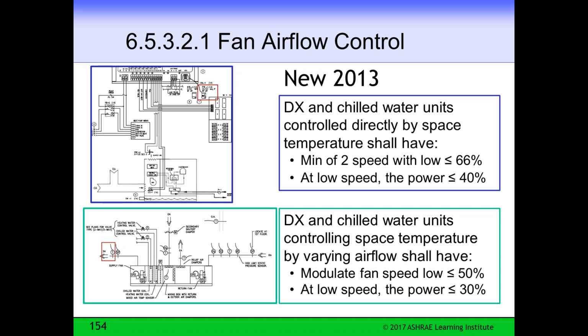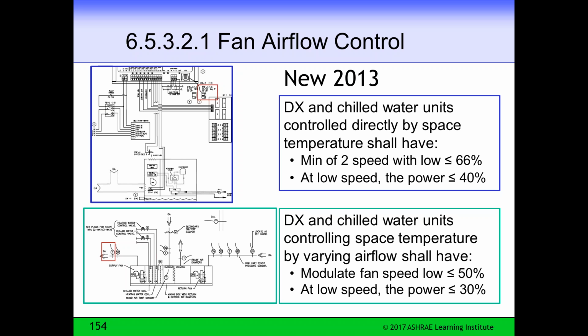It doesn't mean that you're going to get out of making that brake horsepower meet. It's just that the horsepower fan you have to pick can be a size larger. Good engineering practice would not pick the fan that's just slightly larger than the required brake horsepower. But anyway, new for 2013.